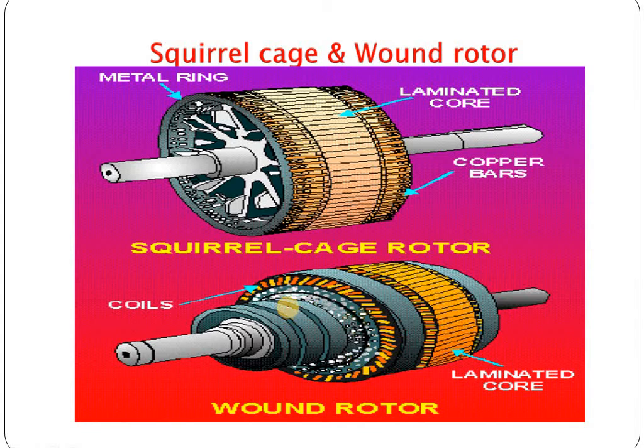Here these three slip rings are there. In these three slip rings, additional resistance can be connected, and these are the rotor coils. And this is the laminated core.